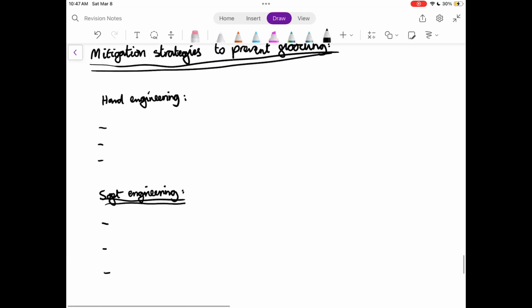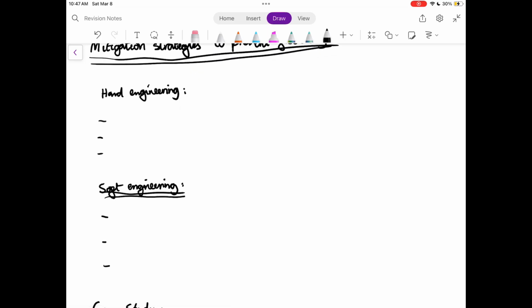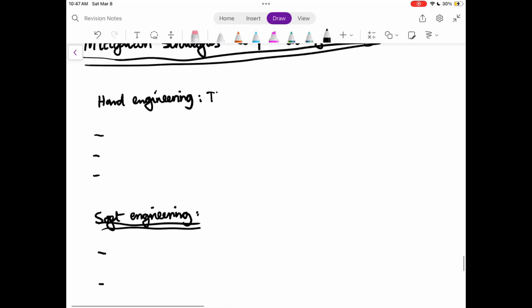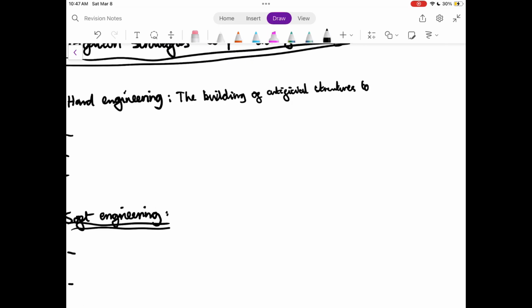So the first type is hard engineering, and this is the building of artificial structures to decrease the effect of flooding.